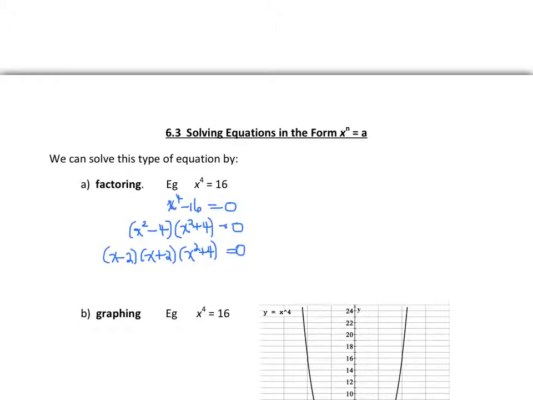Now, repeating what we did in the last lesson, we know one of these factors has to equal 0 in order for this equation to be true.